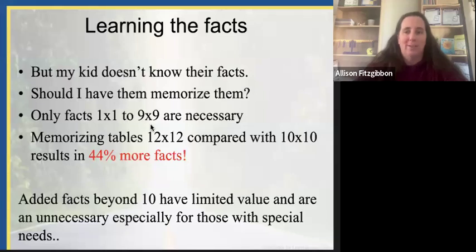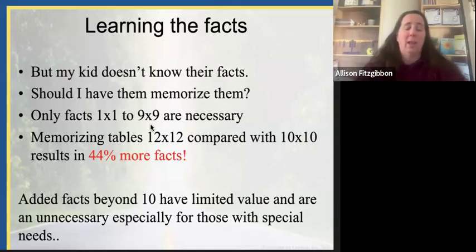That's a huge difference, especially when we only have this limited time and we're trying to crunch, crunch, crunch, right? That's a lot to keep in there with all the other things that we're learning. So adding facts beyond 10 have limited value and are unnecessary, especially for those students with special needs. We want to make sure that we can serve and support all of our students.